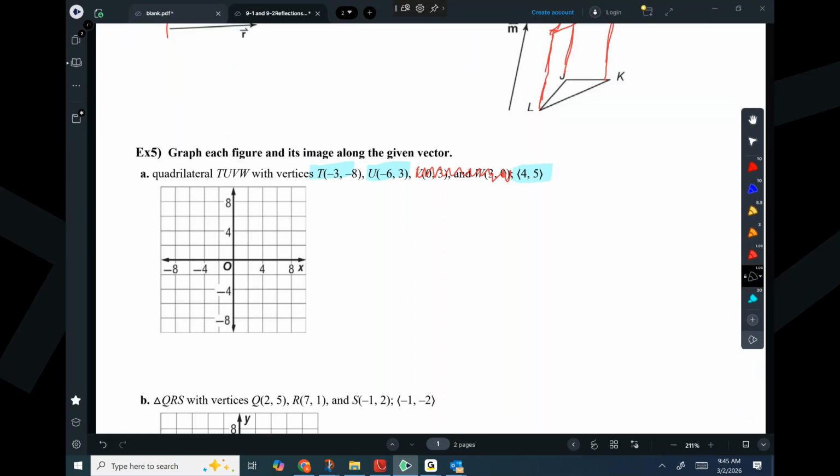That translation vector is saying xy becomes what? What would the translation vector of 4, 5 do? X plus 4, y plus 5. Yeah?